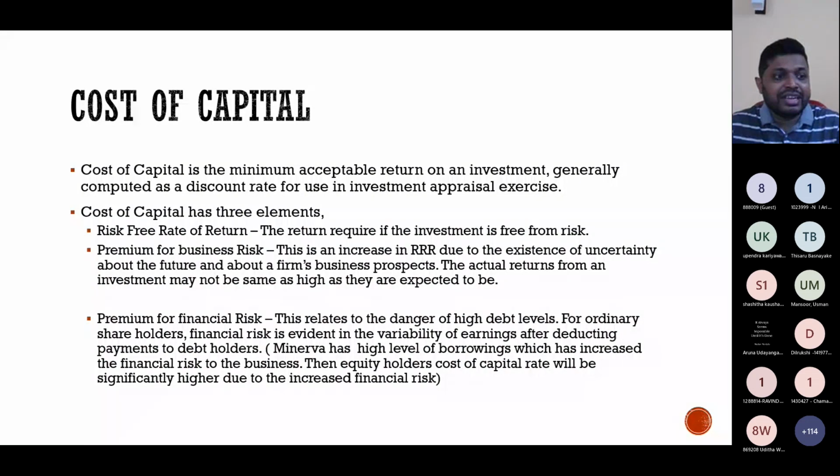You have to look at the opportunity cost of the investment. Therefore, cost of capital is the minimum return the investor expects. Based on that, you can calculate. Sometimes you will calculate cost of equity. Sometimes you can use the capital asset pricing model. Can you remember how you have computed it?